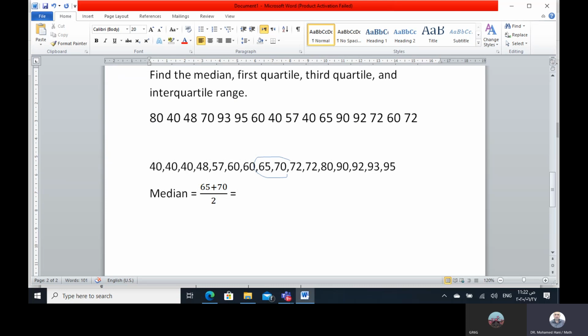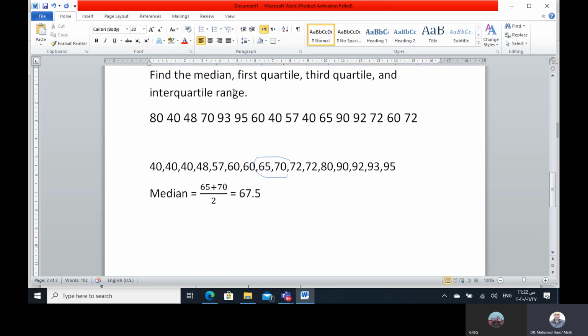Now 65 plus 70 equal 135 divided by 2 equal 67.5. This is the median.